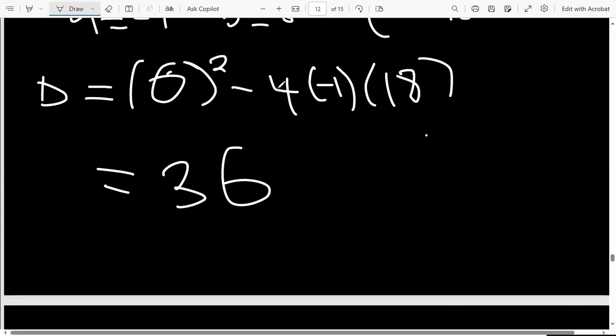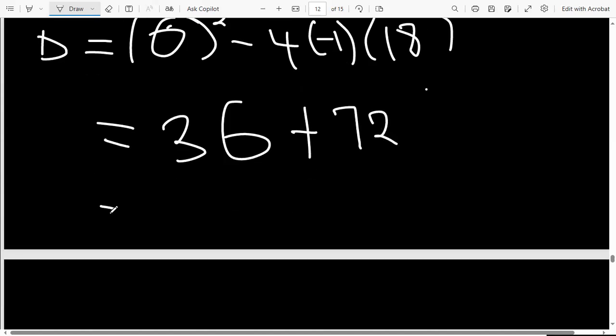Then here we have minus 4 multiplied by minus 1, which will be plus 4, and then that plus 4 multiplied by 18 will just be 72. Then you add them, you're going to get 108.